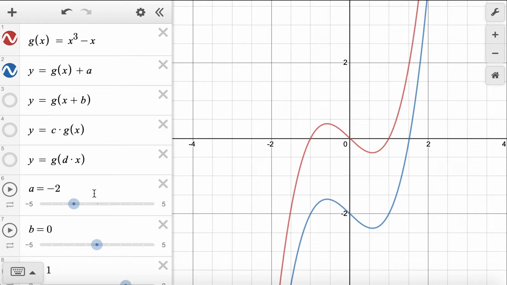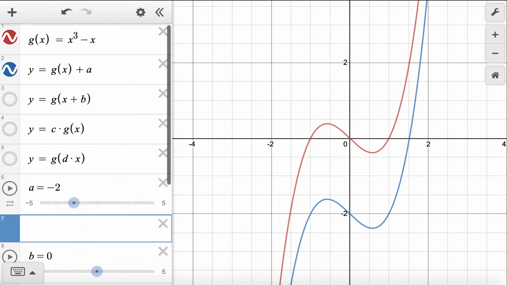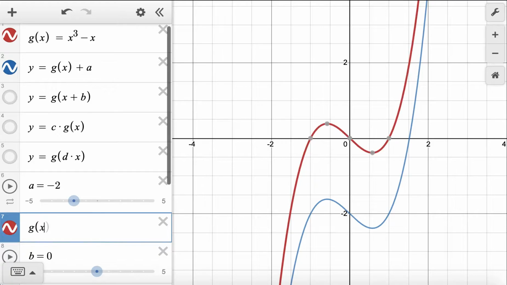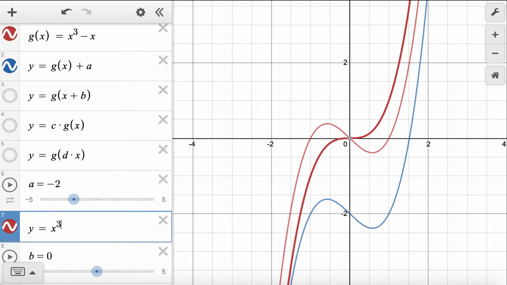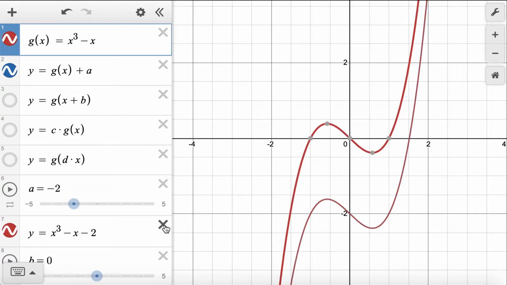So really, I could write the same equation by saying something like y equals x cubed minus x minus 2. That's what this a equals -2 slider is doing. It's putting a -2 on the end of this graph.